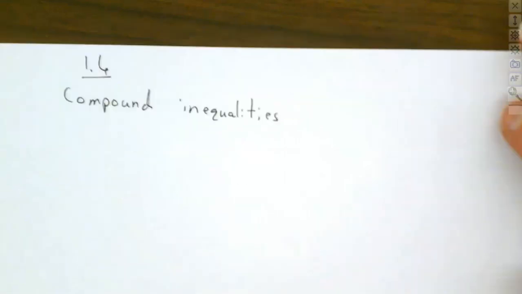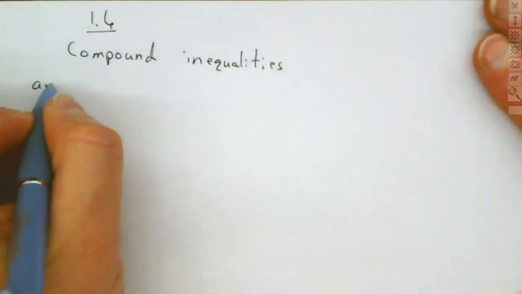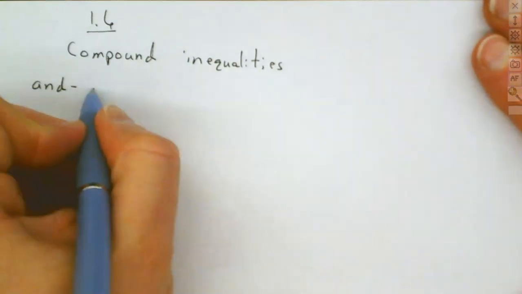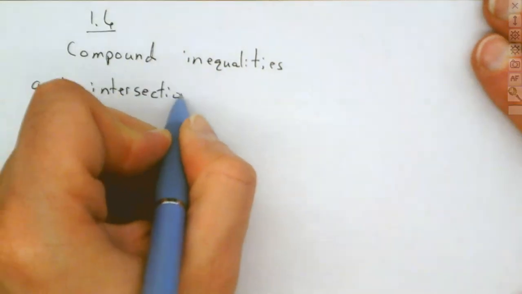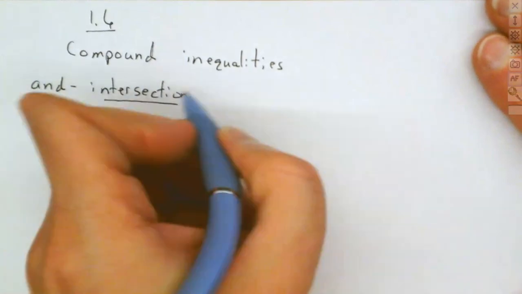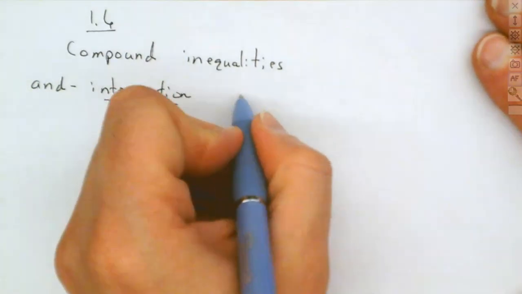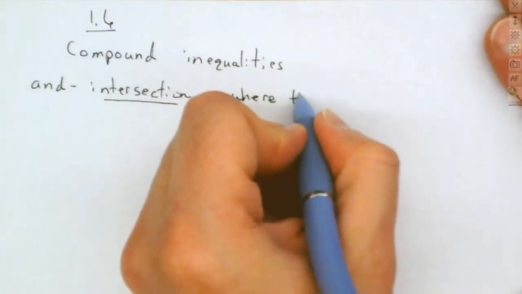Now, the and is also called the intersection. And when we talk about the intersection, this is going to be where they overlap. So this is going to be where the graphs overlap.